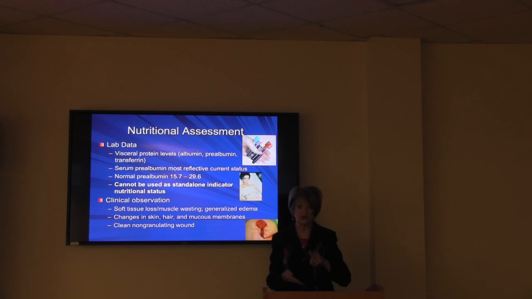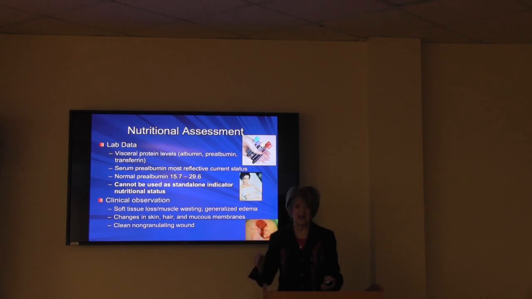So that brings you to the last point under lab data. You cannot use your lab data as standalone indicators of nutritional status. Having said that, when you look at your labs, the one that is most reflective of current nutritional status is prealbumin. Albumin is not nearly as helpful because it has a very long half-life.